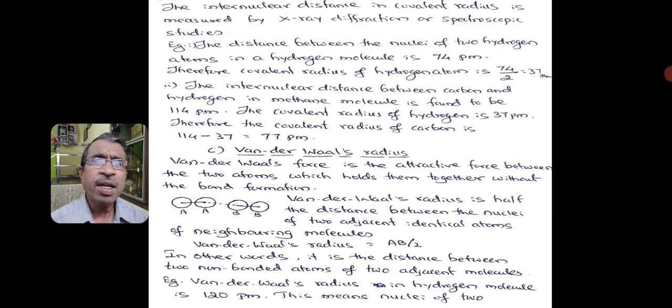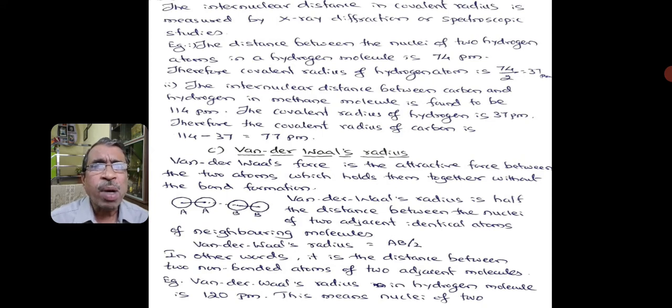Coming to the third type of atomic radius, that is van der Waals radius. This van der Waals force of attraction is generally found in noble gases, because the noble gas atoms are not in the form of molecules, they are in the form of single atoms.